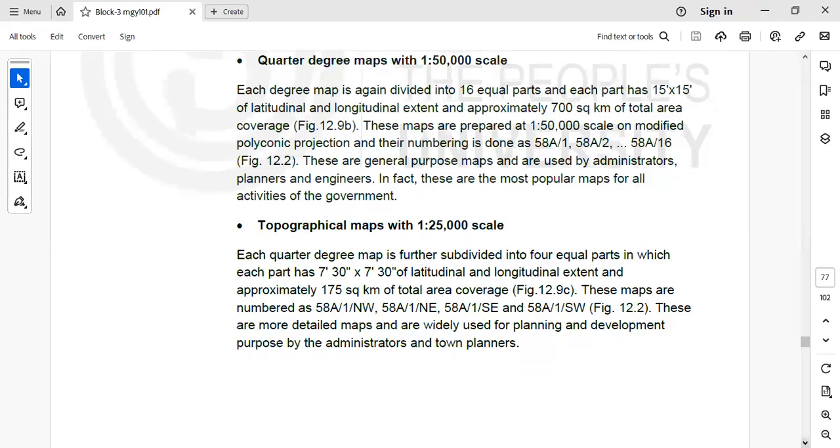Now we have the topographical maps with 1:25,000 scale. Here, each quarter degree map is further subdivided into 4 equal parts, in which each part has 7 minutes 30 seconds by 7 minutes 30 seconds of latitudinal and longitudinal extent, and each part covers 175 square kilometers of area.